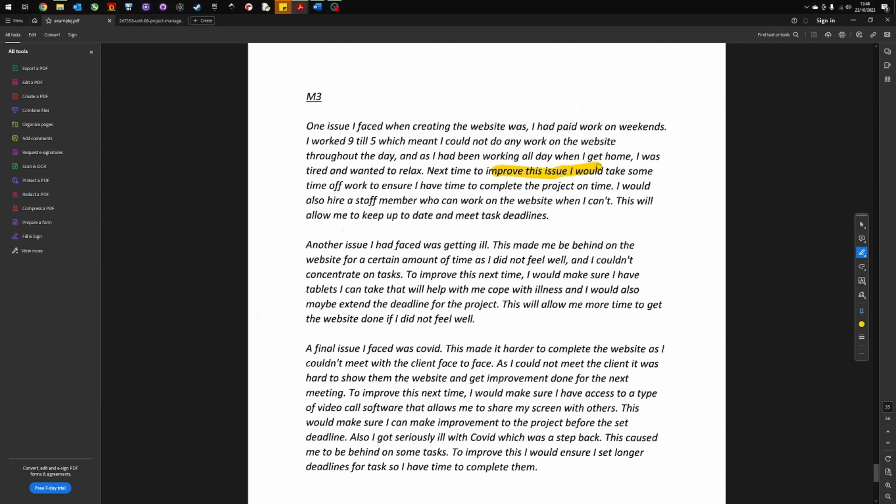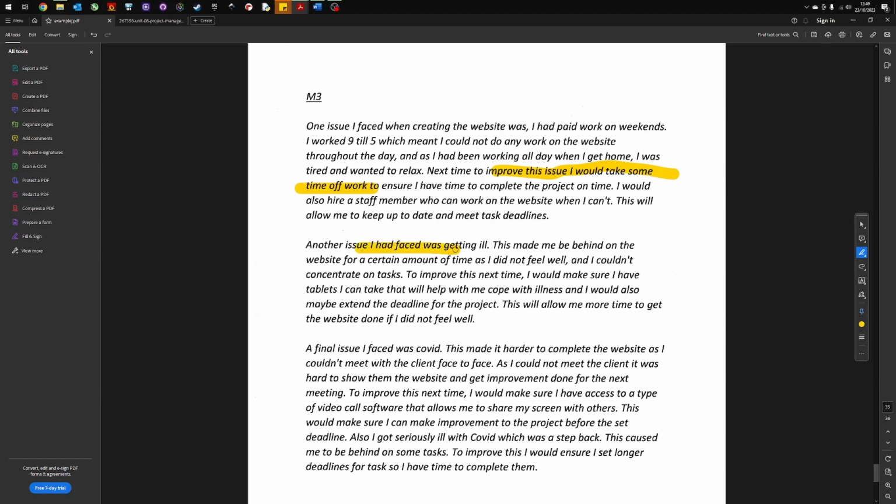Next time, to improve this issue, I would take some time off work to ensure I've completed the project on time. I would also hire a member of staff who can work on the website when I can't. Now, obviously, they're not really going to employ a member of staff, but this is a simulated project management, so you can assume that you've got other members of staff that can complete work for you.